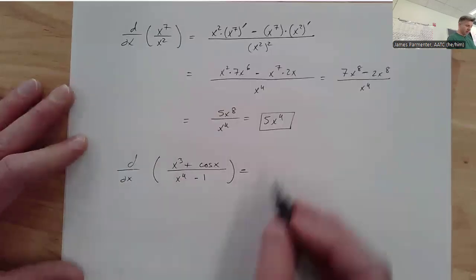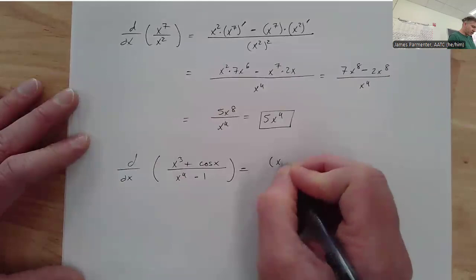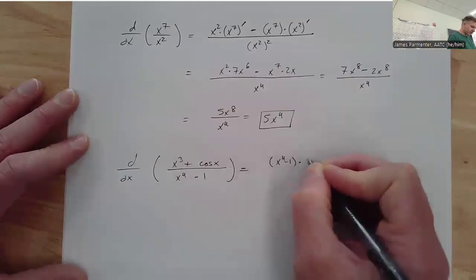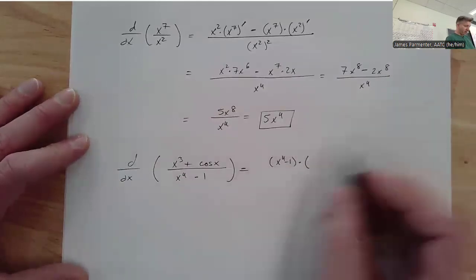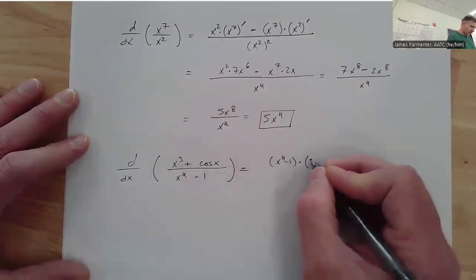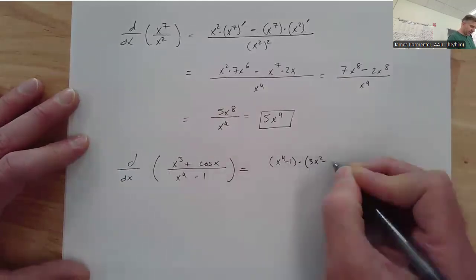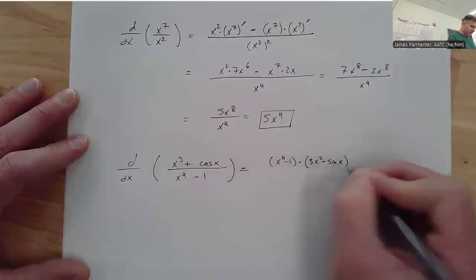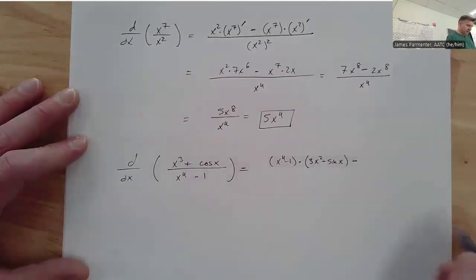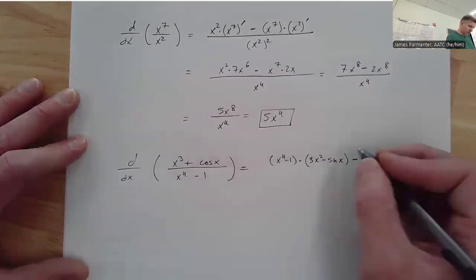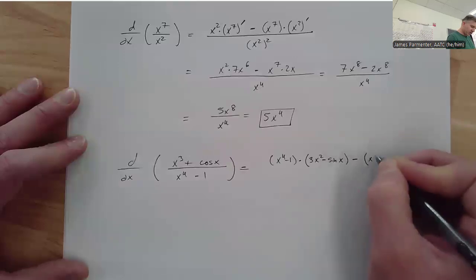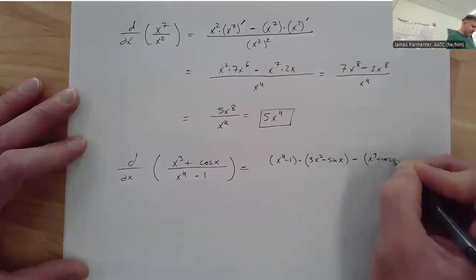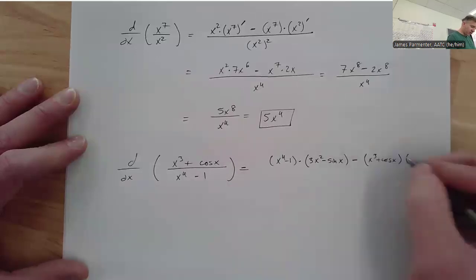The derivative of this is going to be the bottom function times the derivative of the top function. The derivative of the top function is going to be 3x squared minus sine of x, minus the top function, x cubed plus cosine of x, times the derivative of the bottom, which is 4x cubed.